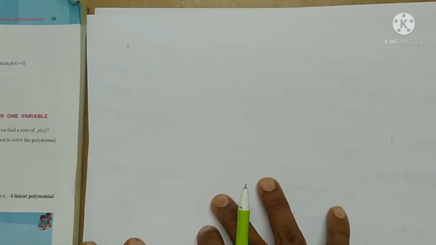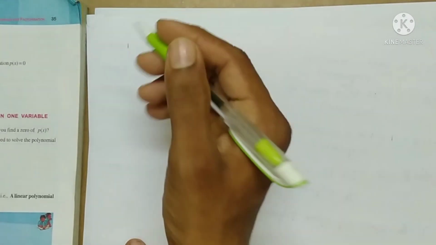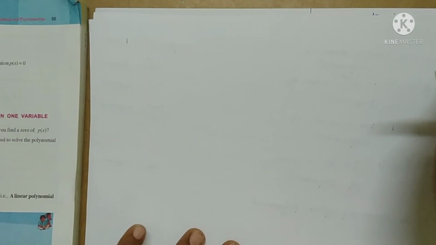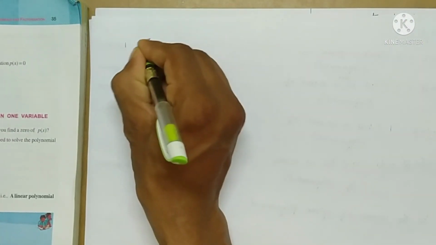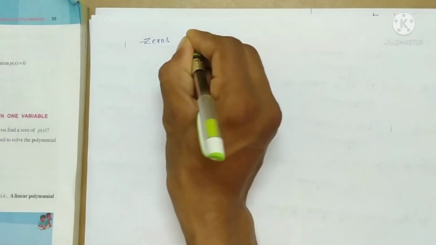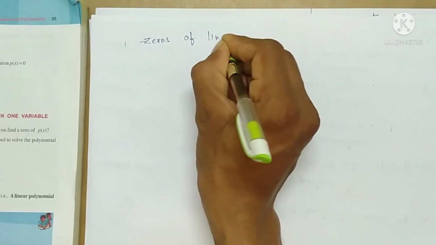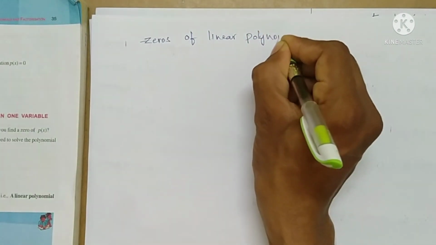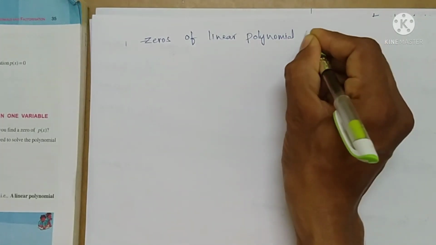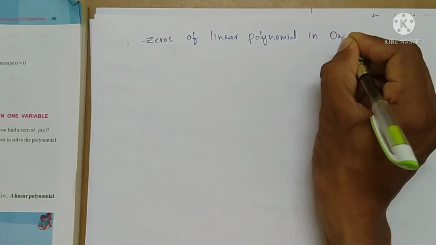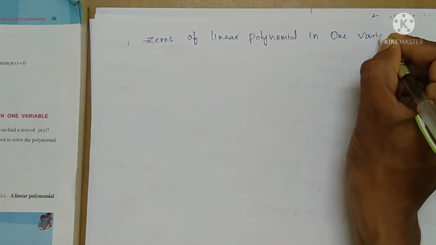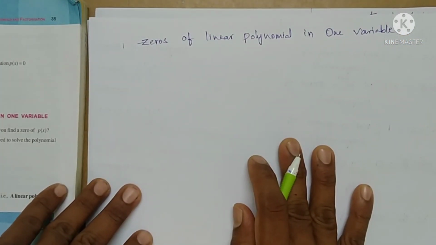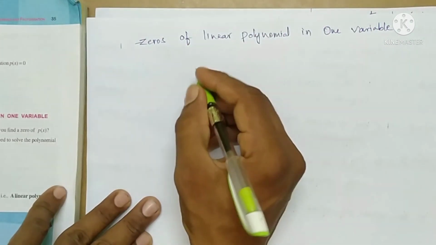Next topic, zeros of a linear polynomial in one variable. Generally, linear polynomials are of the form ax plus b, right?